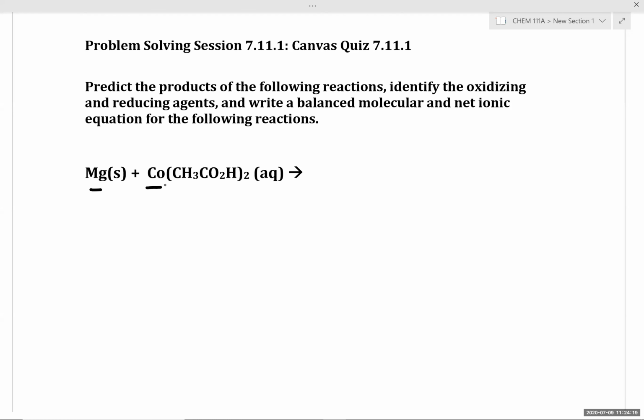And remember, you're going to want to continue to use the activity series that I provided in the earlier part of this note.